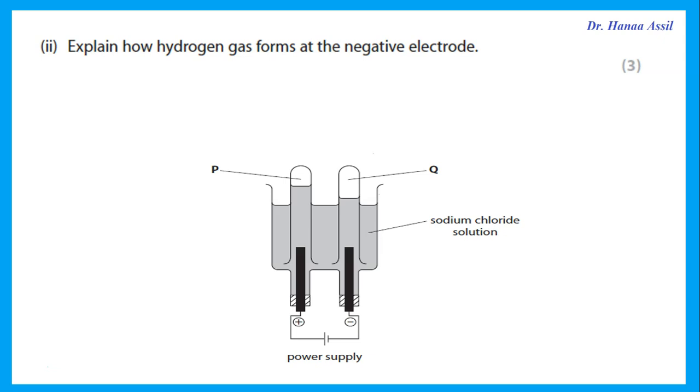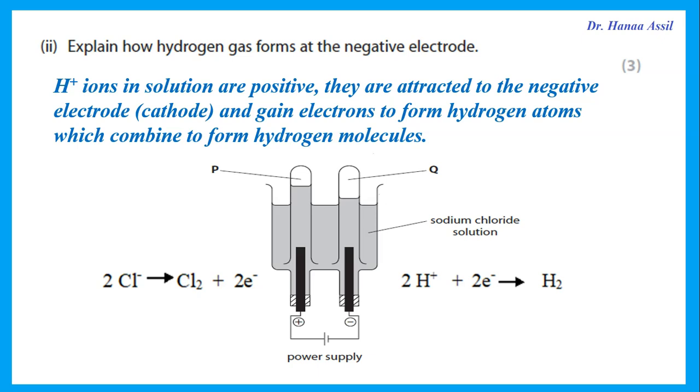So this is a question about electrolysis of sodium chloride solution, and the question says, explain how hydrogen gas forms at the negative electrode. First of all, hydrogen gas is H plus, so H plus goes to the negative electrode because it's positive ions.